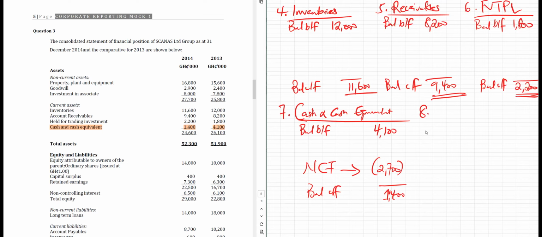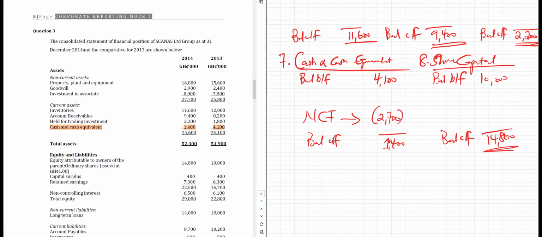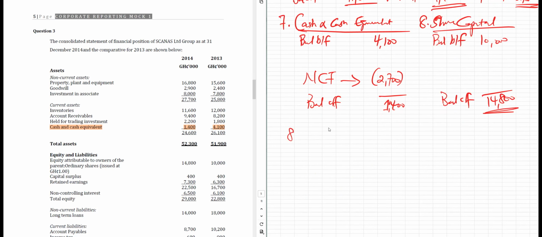Working number 8, equity attributable to owners of the parent. Ordinary shares, share capital. Balance brought forward is 10,000. Balance carry forward is 14,800. Good. What's the next?